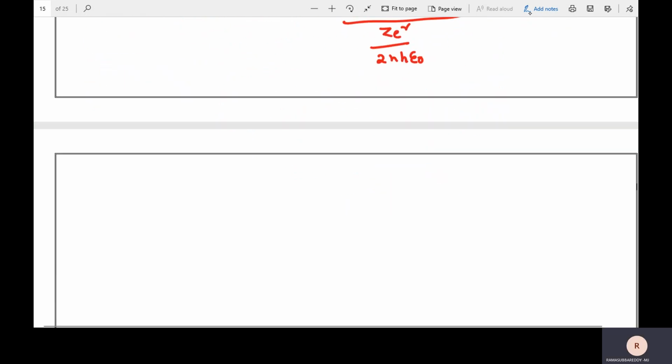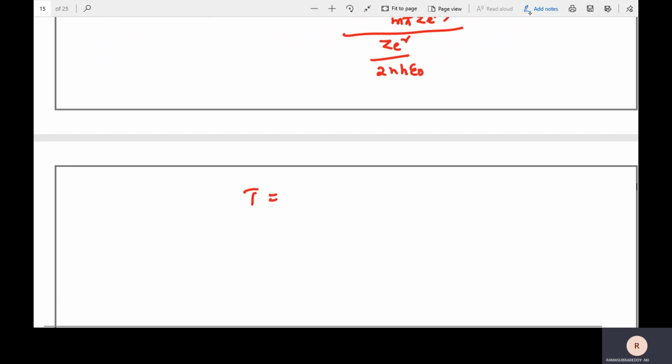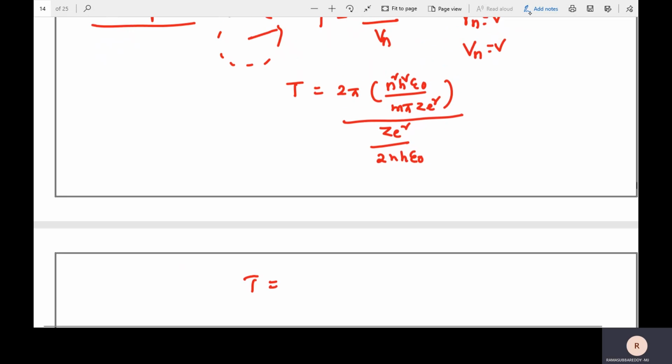Now if you simplify that, we get 2 pi n square h square epsilon naught by m pi Z e square, and here also Z e square, this will go upside, 2nh epsilon naught.